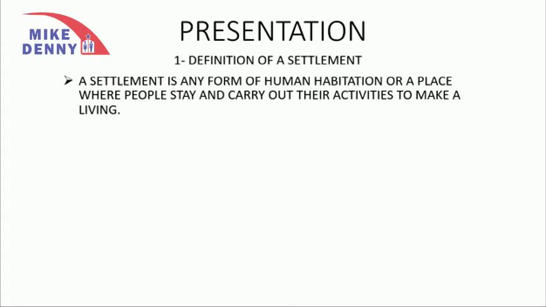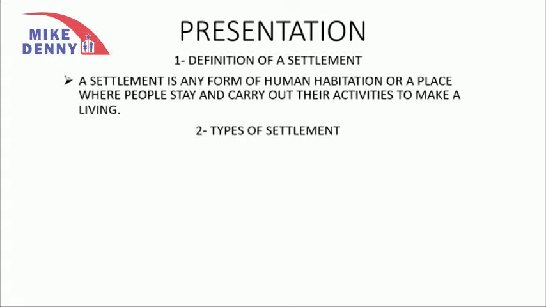Let's now look at the definition of a settlement. A settlement can be defined as any form of human habitation, that is a place where people stay and carry out their activities and make a living, or simply a dwelling place for human beings where they stay and carry out their activities.